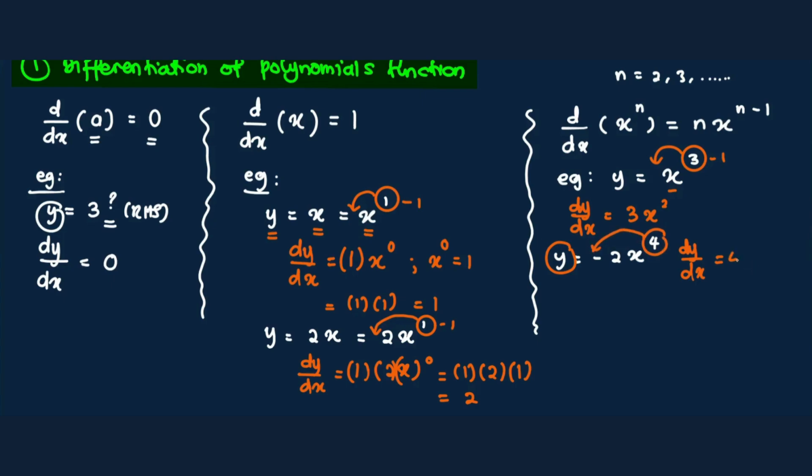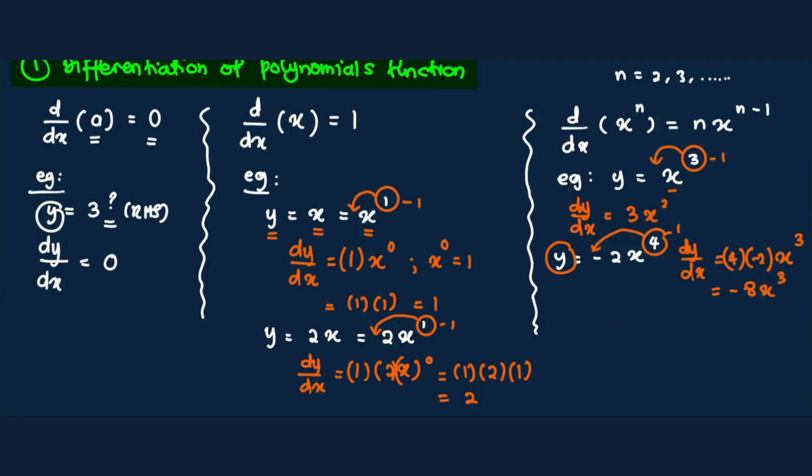That will give you 4, and then minus 2x. Before you write the power for x, make sure you reduce it by 1. That will leave you with 3. Simplify this, you will get negative 8x to the power of 3.